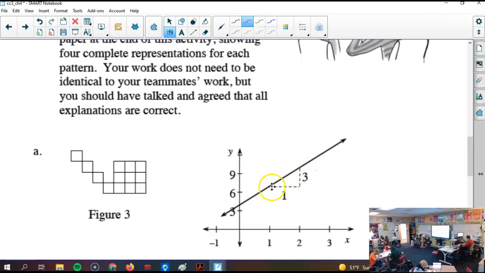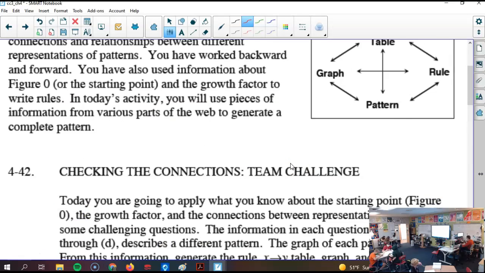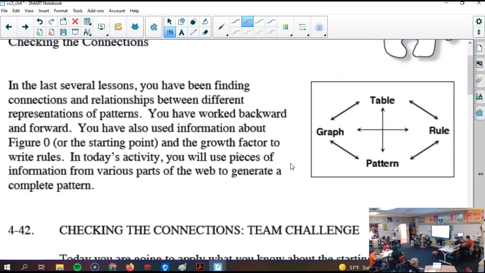Right here, they gave us that slope triangle of every time x goes up by 1, y goes up by 3. So now we still need a table and a rule. And then our final piece that we need is the rule.